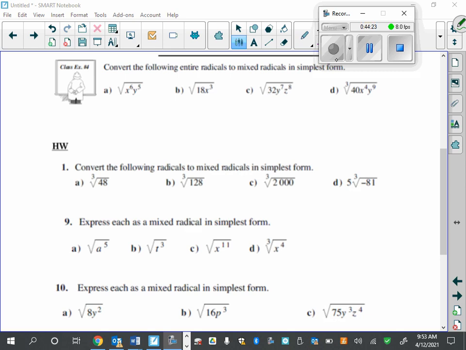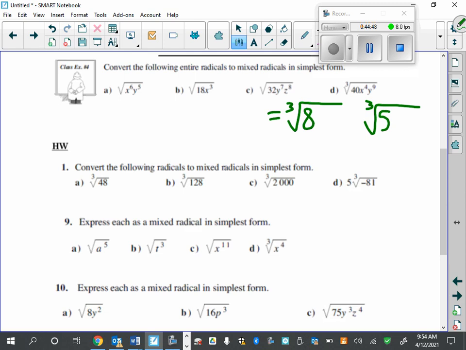Okay, the cubic root. I'm going to do this where I put all the perfect cubes first and all the leftovers over here. Okay, anybody break up 40? Yep. Good. So cubic root of 8 is the perfect cube. 5 is the other part. Okay, how about x to the 4th?